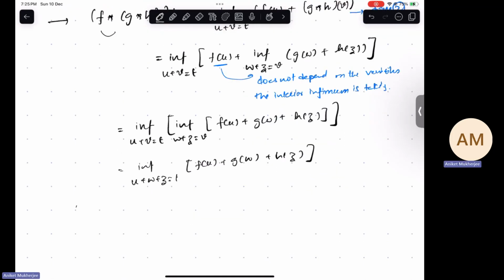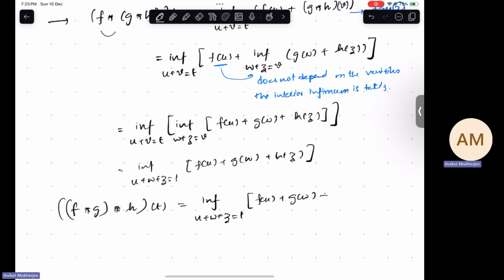Now similarly, if you start off with f convolution g and g convolution h at t, you will similarly arrive at the infimum over u plus w plus z equal to t of f of u plus g of w plus h of z. So you'll both arrive at the same place. Let me call this result 1 and result 2.